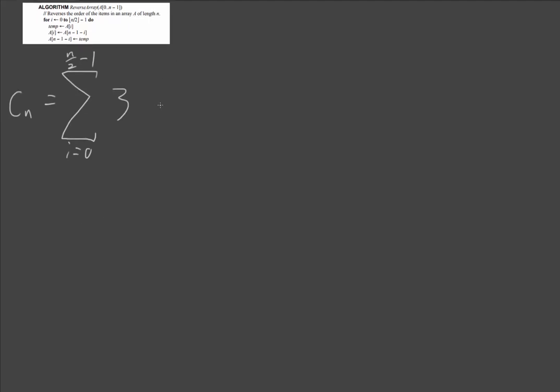So super simple here, since 3 doesn't depend on i, if you remember our formula, the sum from i equals L to U of c times a_i is equal to c times the sum from i equals L to U of a_i.